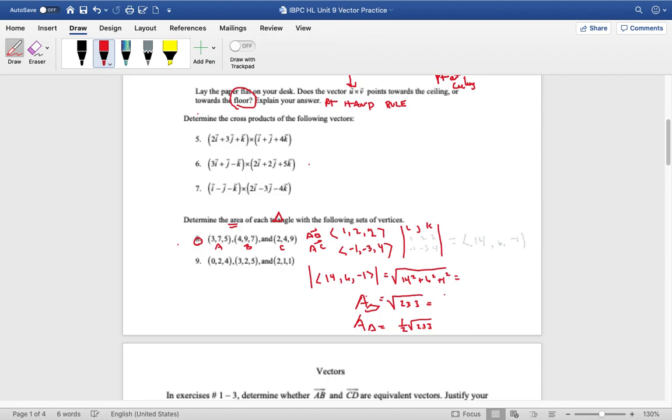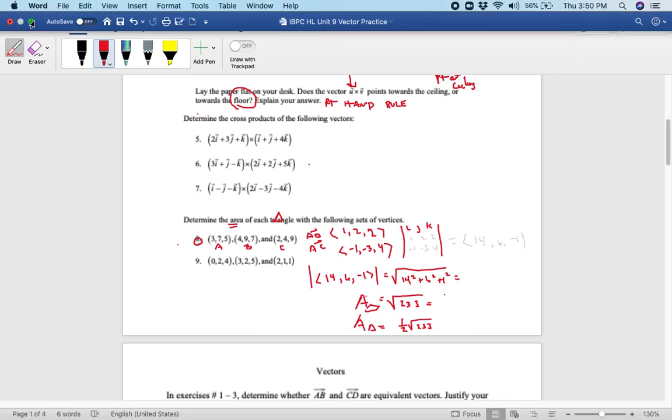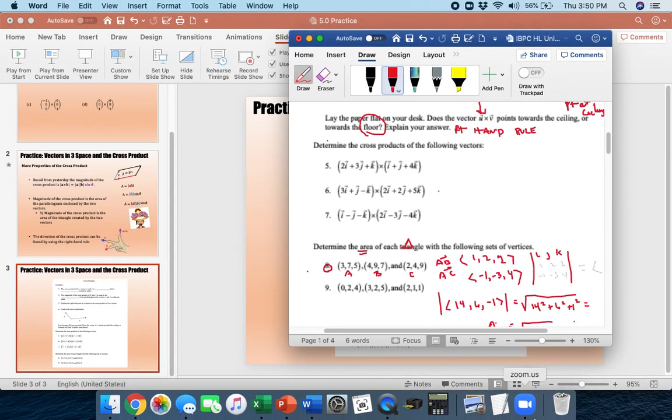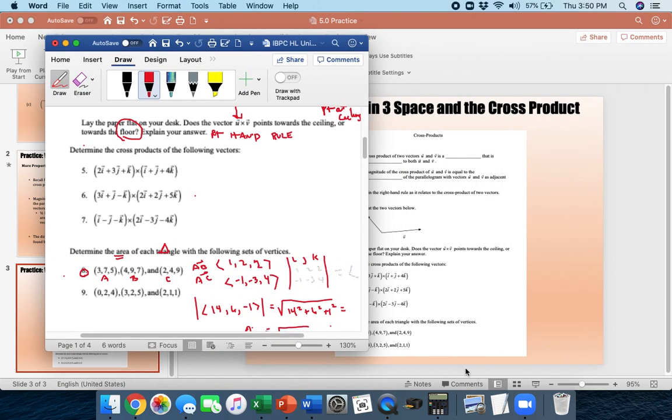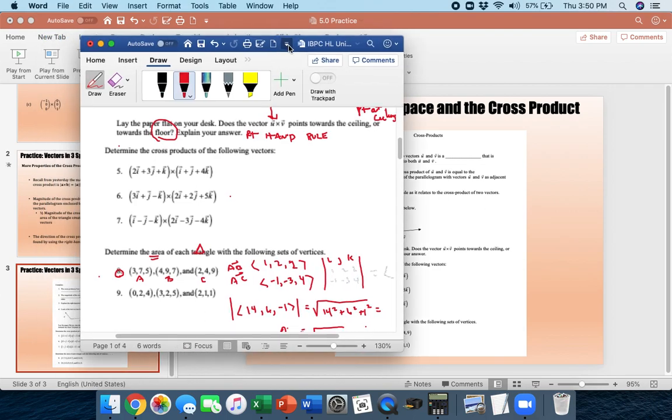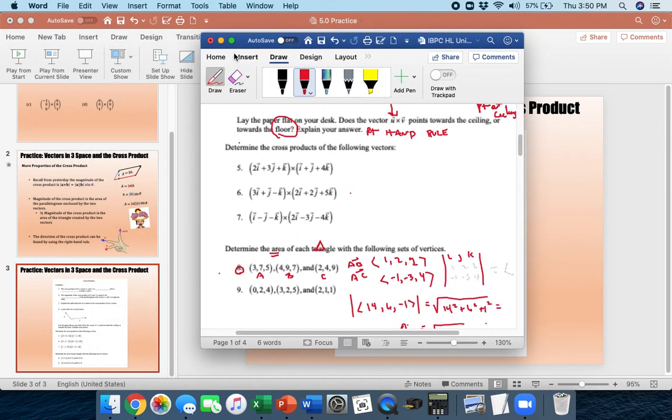I didn't get the decimal approximation to that, but I could. Never mind, not important. I'm sure you can type that into your calculator.